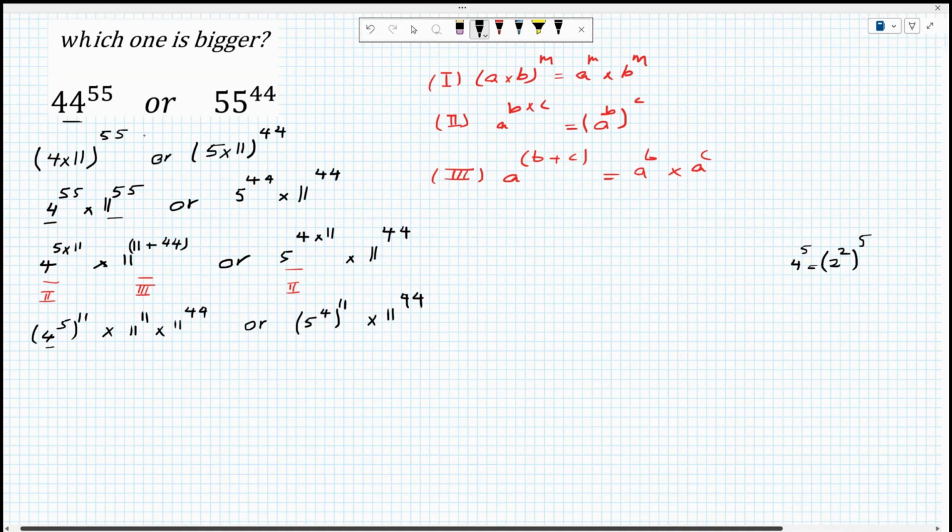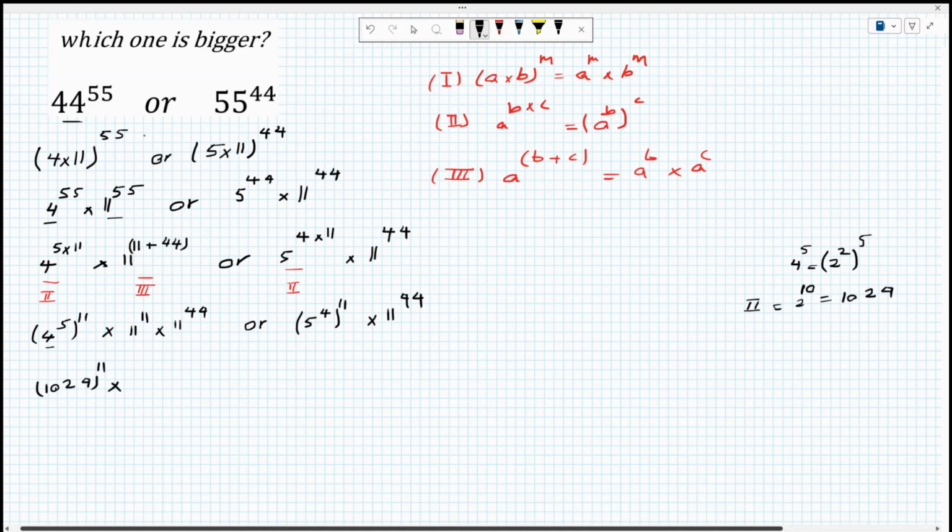As per equation number 2, this equals 2 to the power of 10, and 2 to the power of 10 is 1024. And so here I will have 1024 to the power of 11 multiplied by.